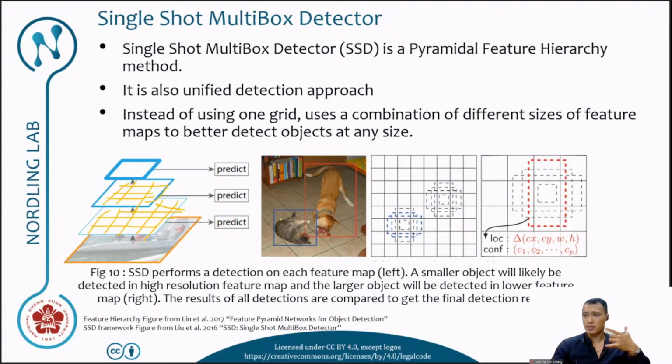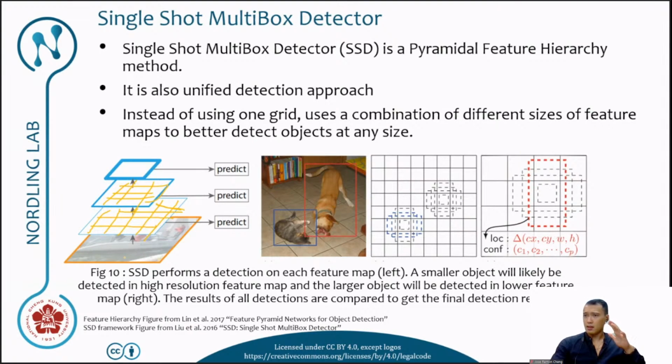So, for example, this cat will be more easily detected when you have an 8x8 feature map, because it's smaller than the dog, right? The dog is a bigger object than the cat, so the dog will be more easily detected when you have this bounding box on a smaller resolution feature map.